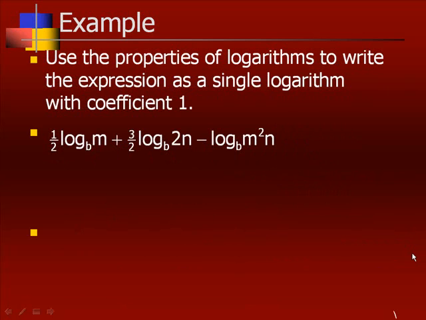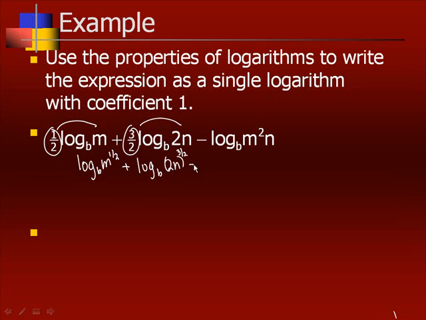Okay, now let's go the other way. Use the property of logs to write the expression as a single log with a coefficient of 1. Okay, so first thing we're going to do is take all the coefficients out front and bring them around. So we've got the log of m to the 1/2 plus the log of 2n to the 3 over 2 and the log of m squared over n.